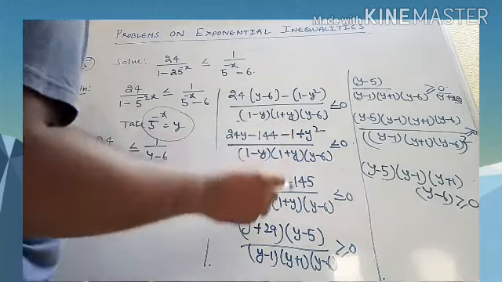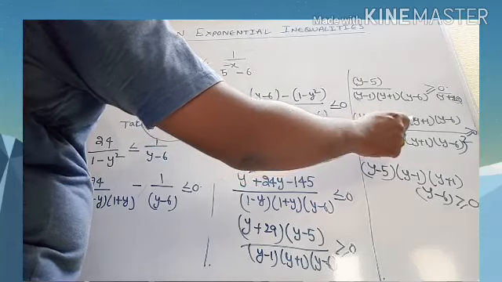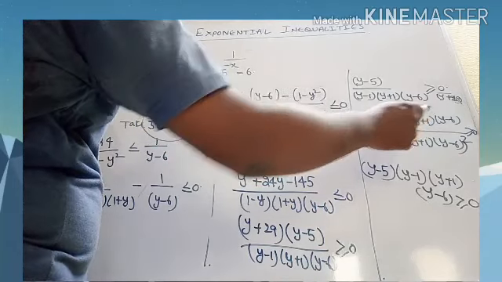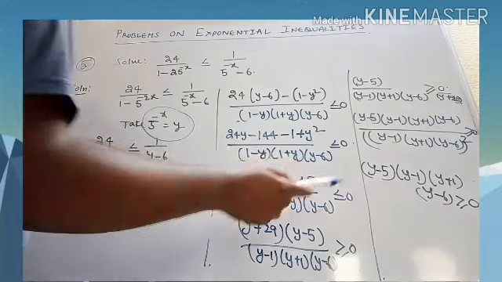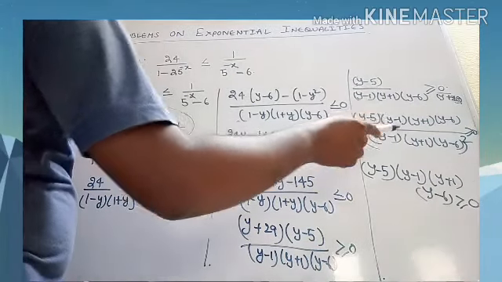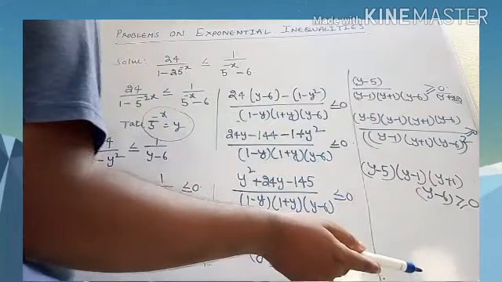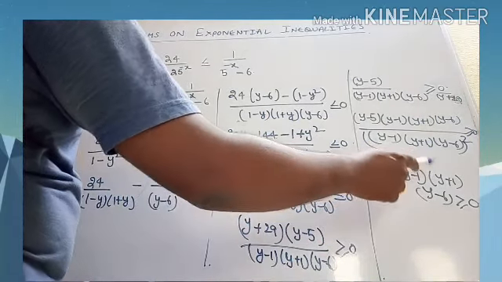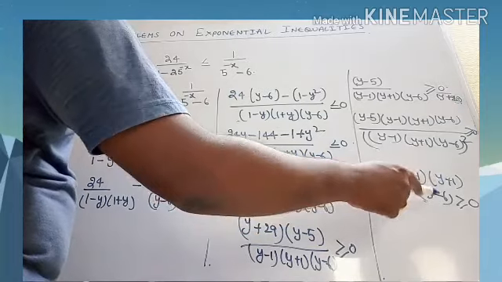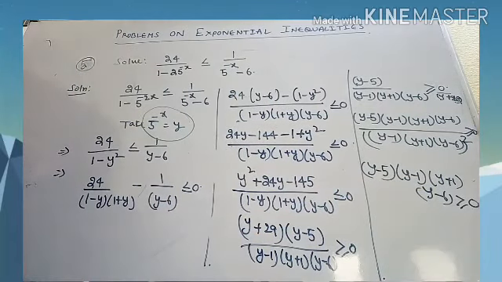Very good. Now I multiplied and divided by the denominator to transfer to the right side. Then we have got (y minus 5) into (y minus 1) into (y plus 1) into (y minus 6) greater than or equal to 0, like this, right, my dear students?